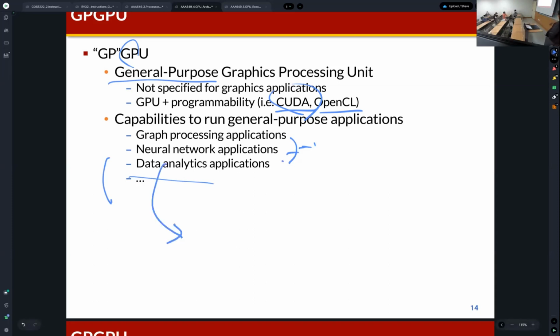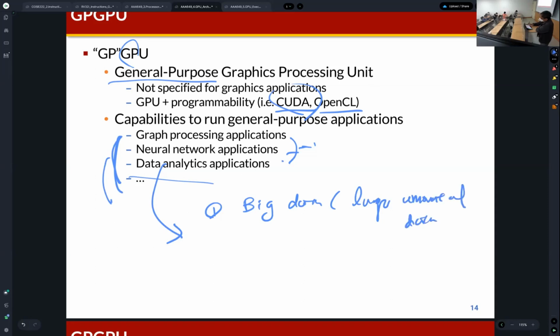So what are the features of these applications? Actually, we do not run an operating system on the GPU, right? But then, what are the features of this type of data? The first is big data, which means a large amount of data.